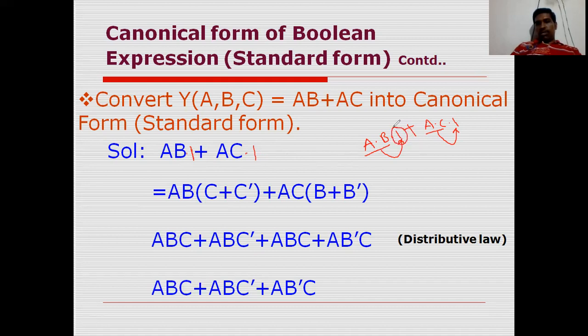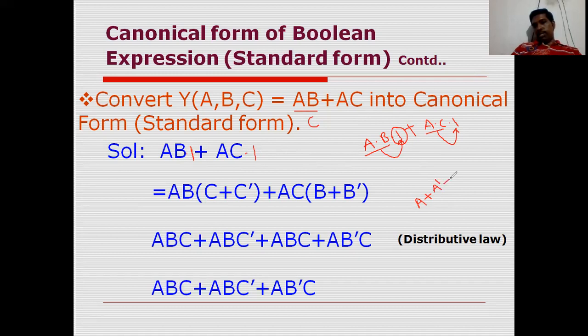Now you replace this 1 with the missing literal. What is the missing literal here? In AB, C is missing. Therefore, you replace this 1 with something in terms of C, where the value of 1 should not be changed. How can you write 1 in terms of C? We have the complementary property: A plus A bar equals 1.